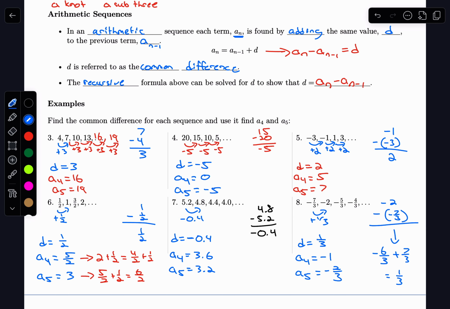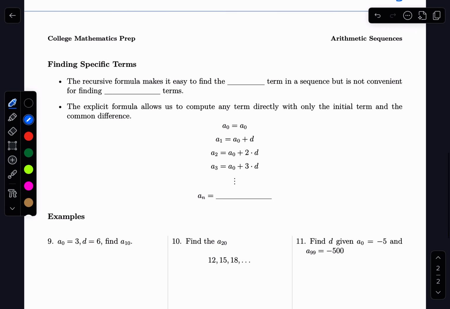All right, so now we're going to make it a little harder, a little bit more fun though. Okay, this was the recursive formula, which was great if you need the next term. But what if you want a term that's far away? So the recursive formula does make it easy to find that next term in a sequence, but it is not convenient for finding what I'm going to call specific terms, meaning you want term 73.